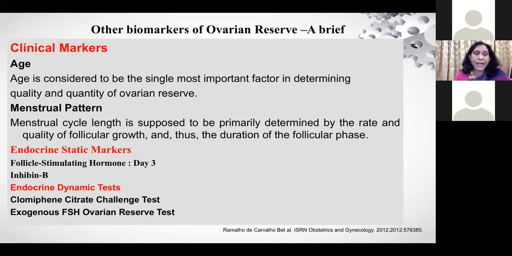There are some endocrine static markers like day 3 FSH or inhibin B. There are some endocrine dynamic tests like the clomiphene citrate challenge test and exogenous FSH ovarian reserve testing, where we give these medications and see how the patients respond.